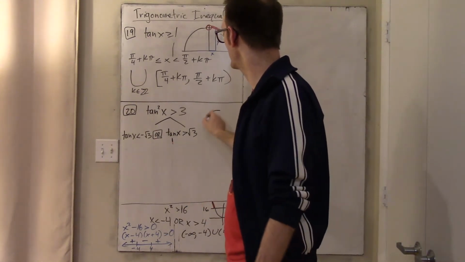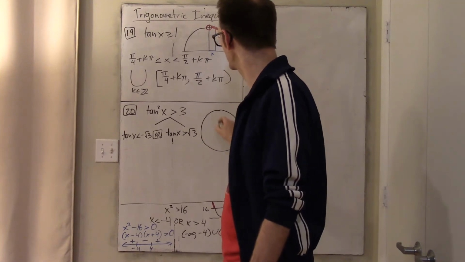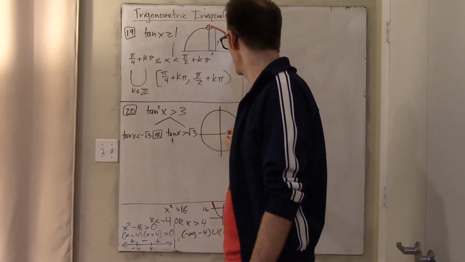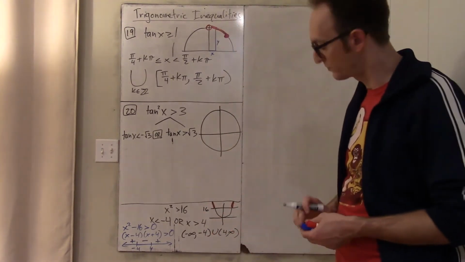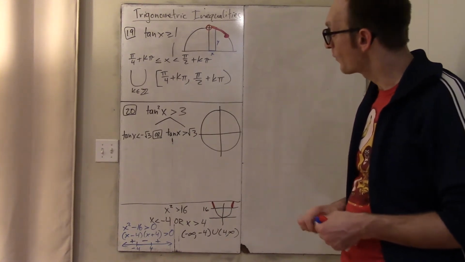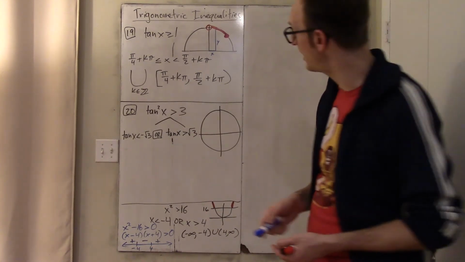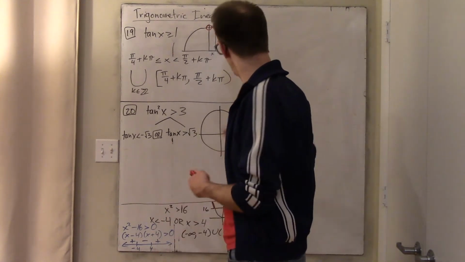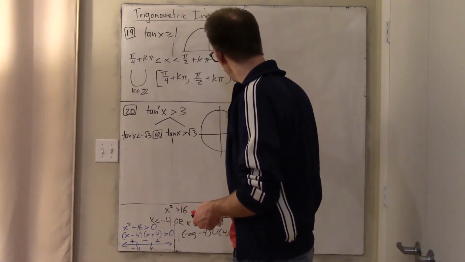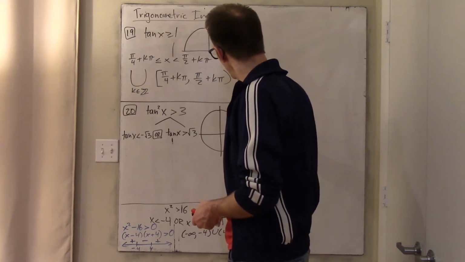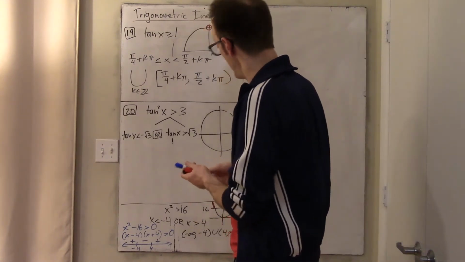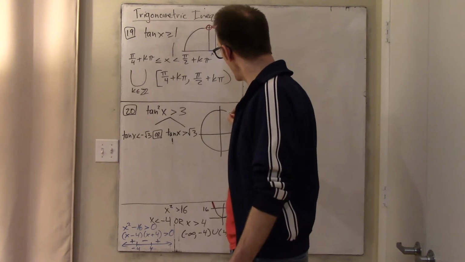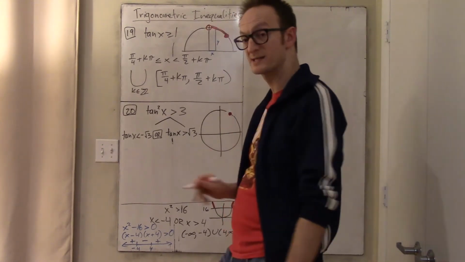Well, I can make a picture of this. When is tan root 3, first of all? That is something that you should just know. And, sticking to my convention of using red for my shading, it is up here at pi over 3.